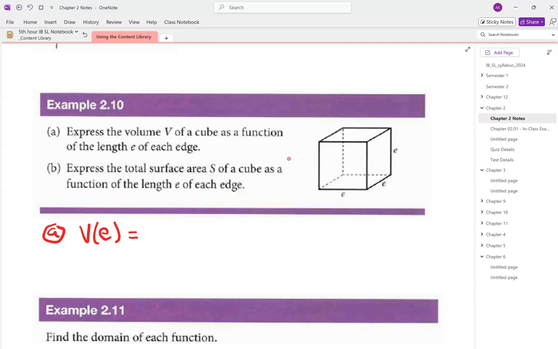Length times width times height. In this case, that's going to be E times E times E, or E cubed. For volume, I mean, if you did like the volume of a cylinder is like pi r squared h.